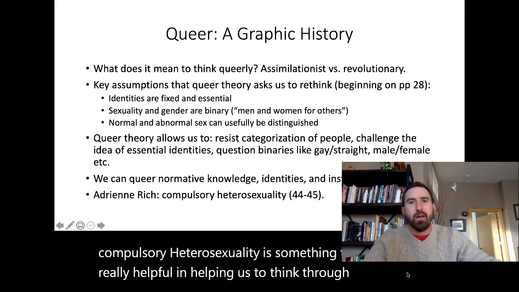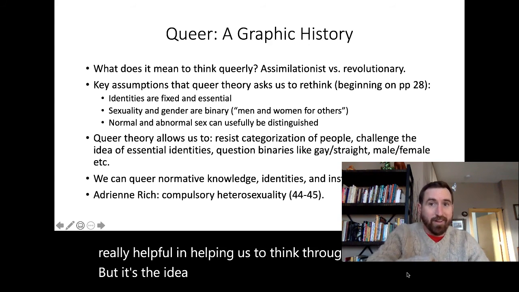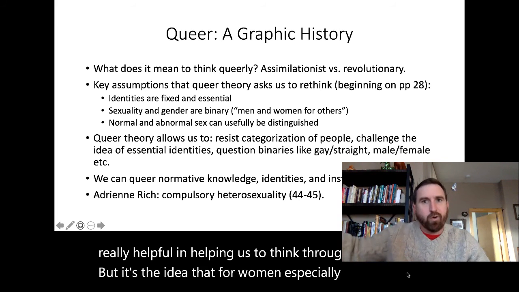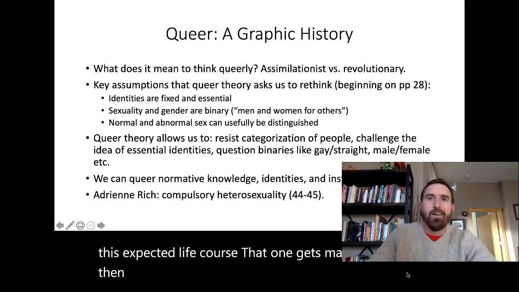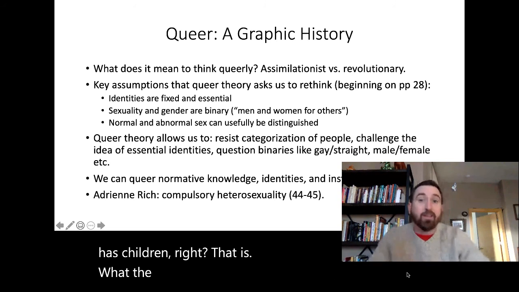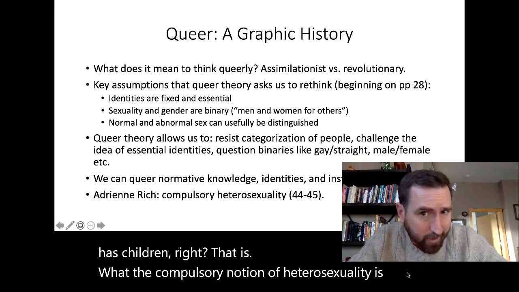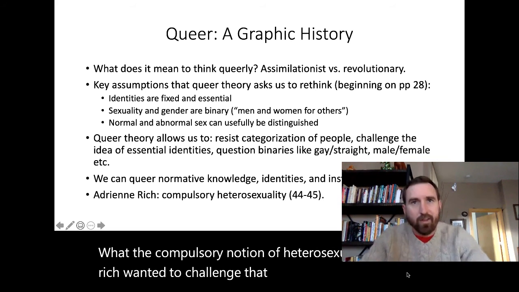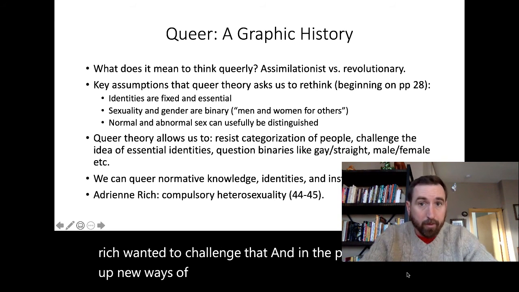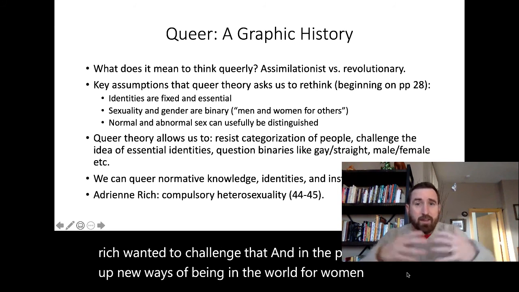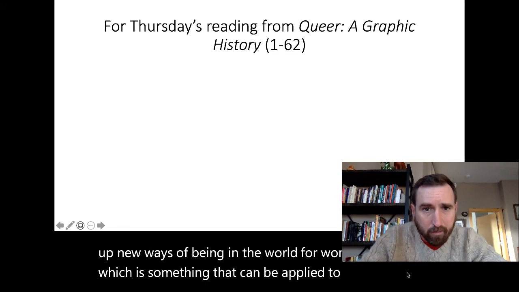It's the idea that for women especially, there's this expected life course that one gets married and then has children, right? That is what the compulsory notion of heterosexuality is. And Rich wanted to challenge that, and in the process opens up new ways of being in the world for women, but also, I think, for all people.